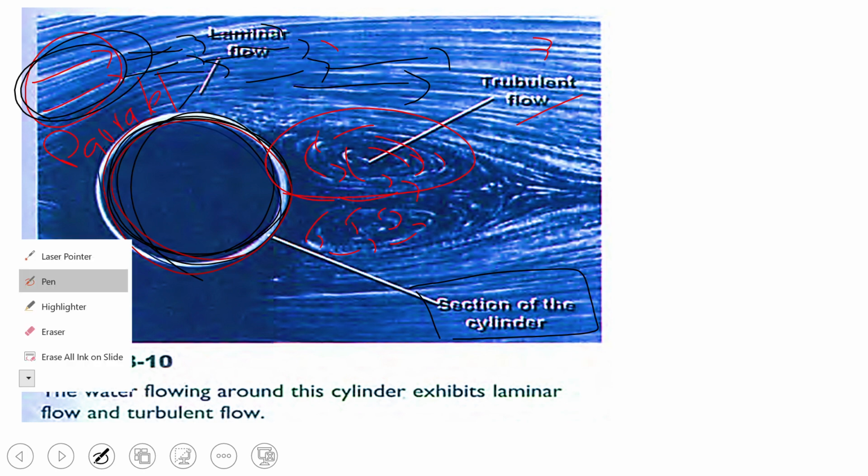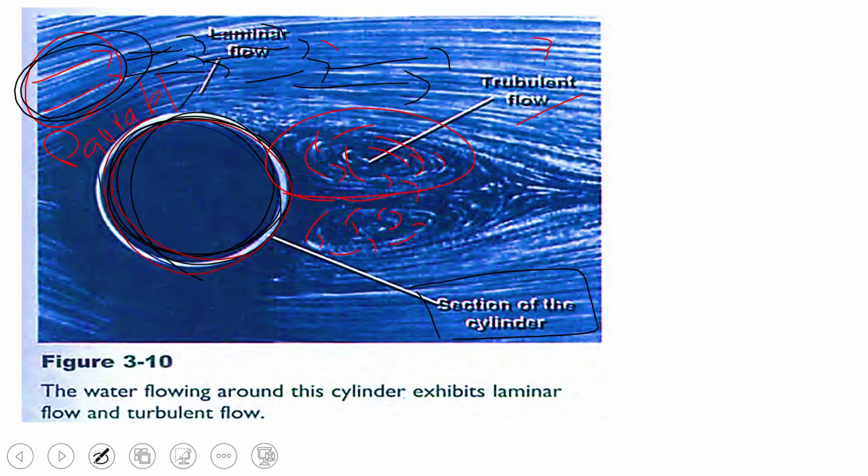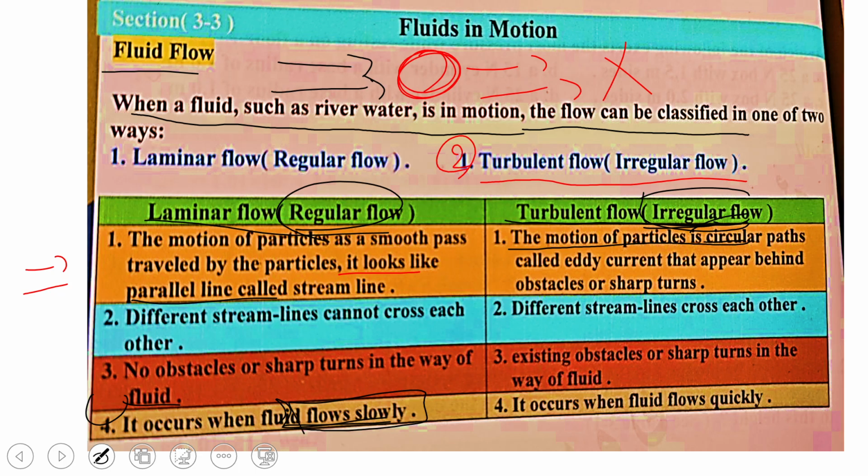In that case, the water shape becomes like a circular path, because we are throwing this section of the cylinder. So now we understand the reason it becomes a circular path: because we throw something. Look, the motion of the particles is a circular path. It's called an eddy current.